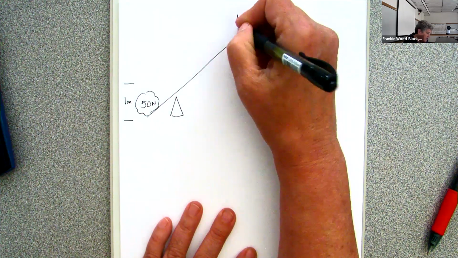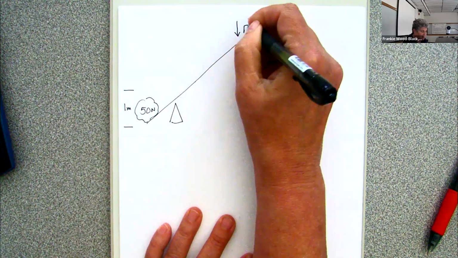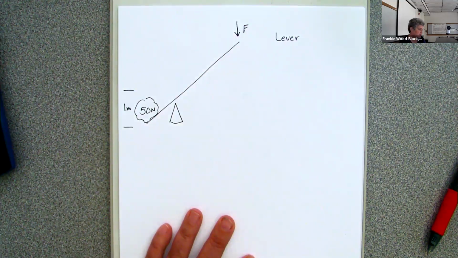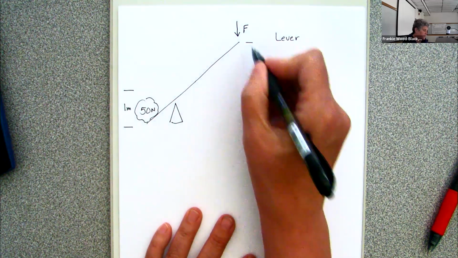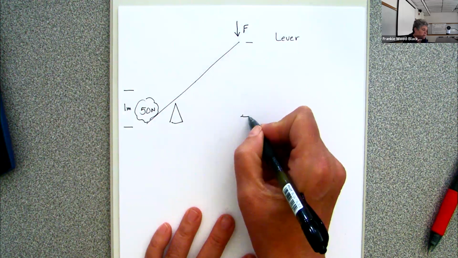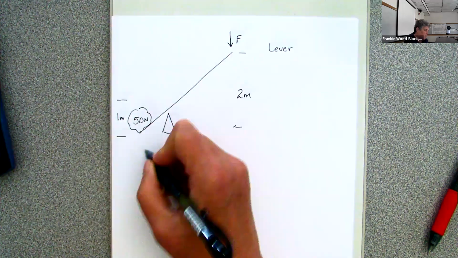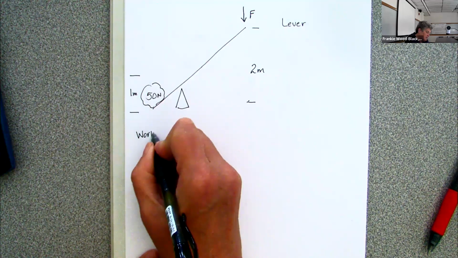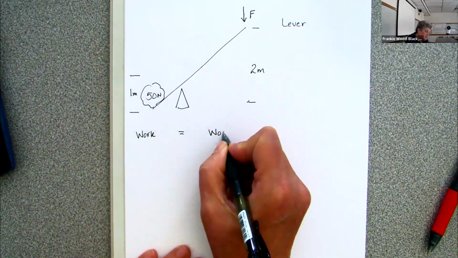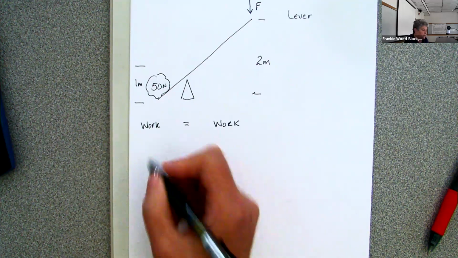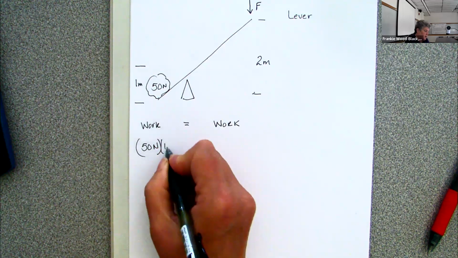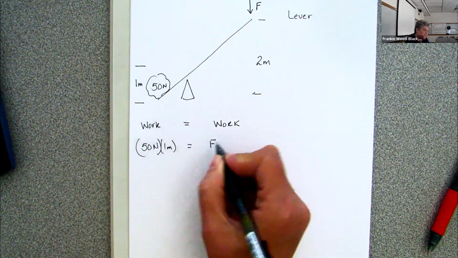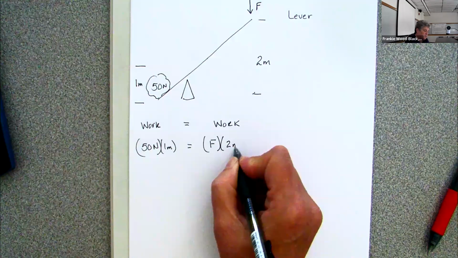I'm going to have to apply a force on this end of my lever in order to lift my rock 1 meter. But if I do this and I've got a big lever here, and I'm going to use my lever here to be 2 meters, the work on this side has to equal the work on that side. Well, to do that, I've got a force of 50 newtons times 1 meter has to equal whatever force I have to apply times my 2 meters.